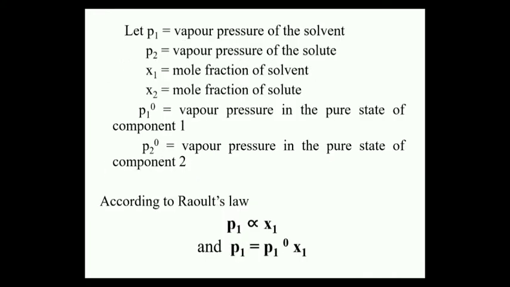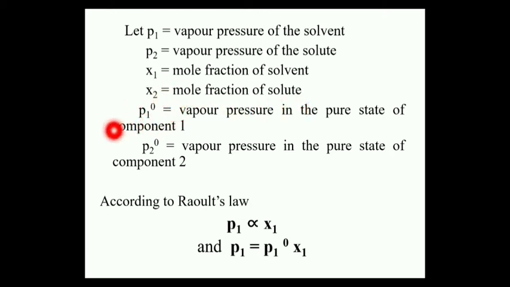So P1 is the vapor pressure of the solvent, P2 is the vapor pressure of the solute, and X1 is the mole fraction of the solvent. We know component 1 is the solvent, that's why it's the mole fraction of the solvent, and X2 is the mole fraction of the solute.